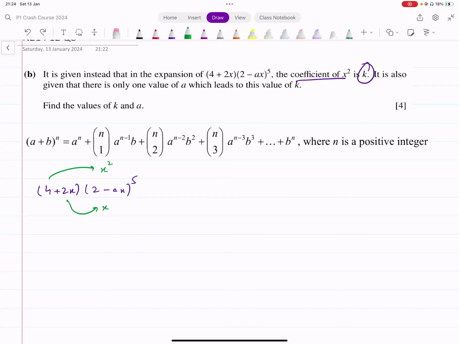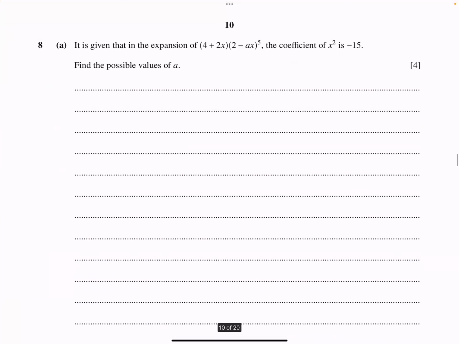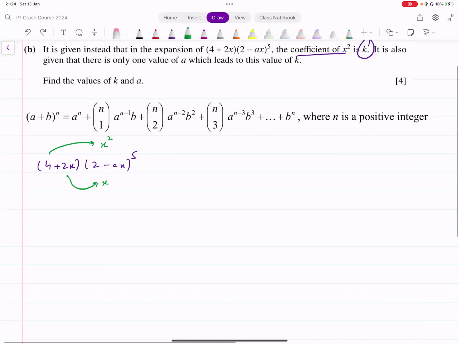Now, I think you've probably done that in the first part, this expansion. You would have done this expansion in the first part already, so you could use that. But since we haven't done the first part, we will do that now. (2 minus ax) whole raised to the power 5. Let's expand this thing. 2 raised to the power 5 plus 5c1 into 2 raised to the power 4 into b, which is b.